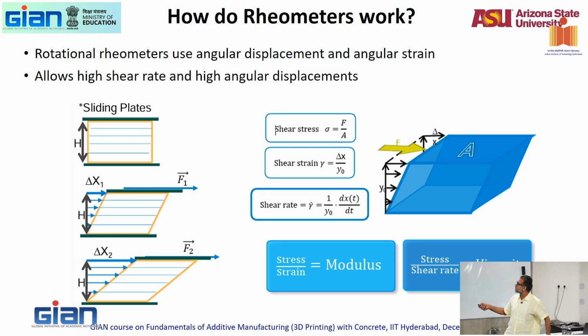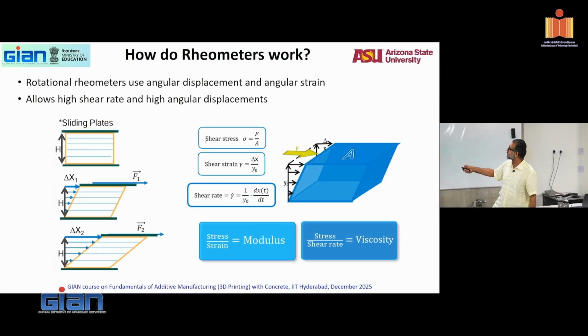Shear stress is force divided by the area of the plate. Shear strain is delta x divided by y naught, your initial distance, and shear rate is the rate of that. Stress over strain is a modulus. Shear stress over shear rate is a viscosity. Very basic terms that we have seen, right? Again, this is in three-dimensional form, just to show what the force is. H is replaced by y. Again, y is in this direction.